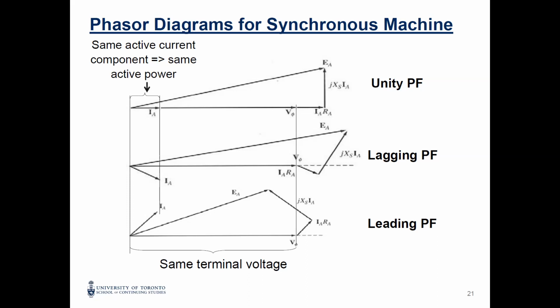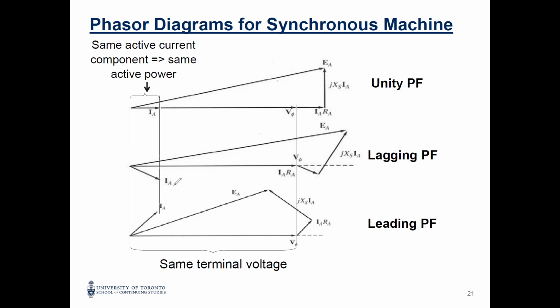For example, here is the phasor diagram for synchronous machines, or I can say the synchronous generator, actually, because you add V plus I times the impedance, which equals E. So there are different phasor diagrams for different operations.